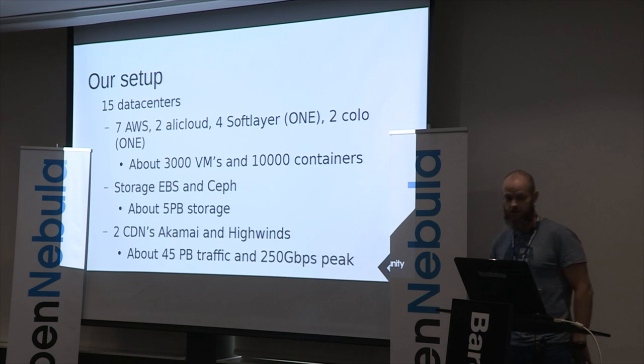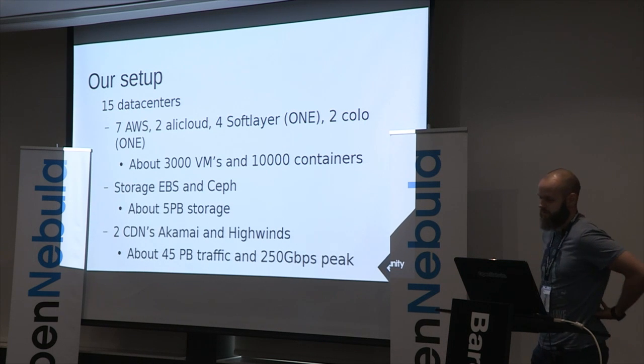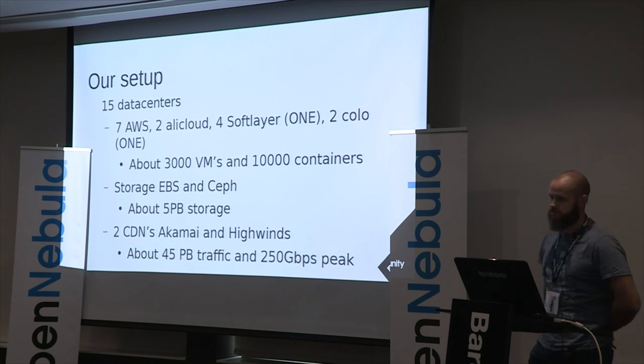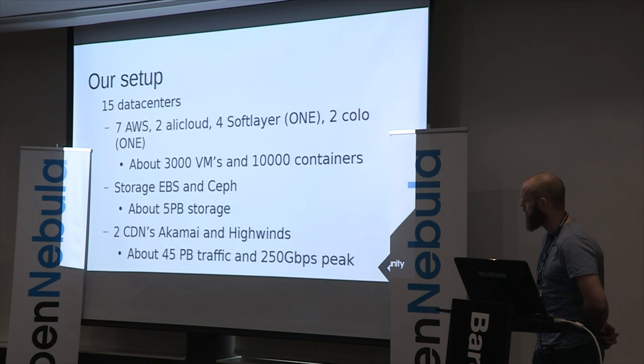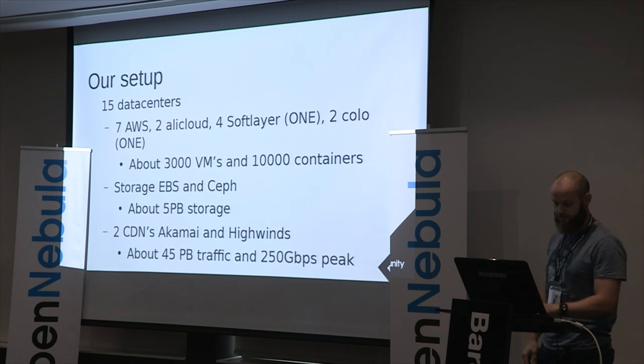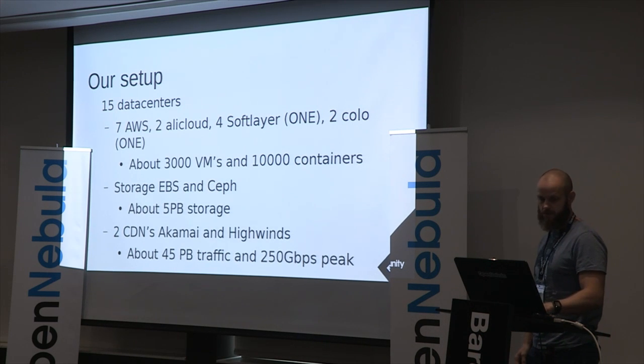We have around 3,000 VMs and around 10,000 containers. We use EBS from Amazon and Ceph storage. And then we also use Akamai as one of our CDN providers. Last month we pushed around 45 petabytes of data through CDN.